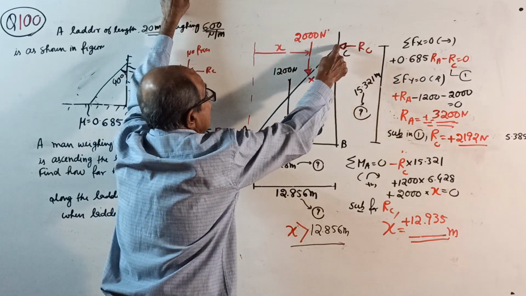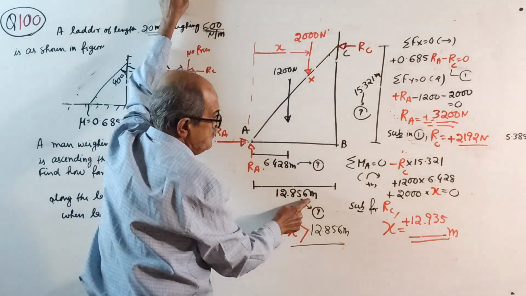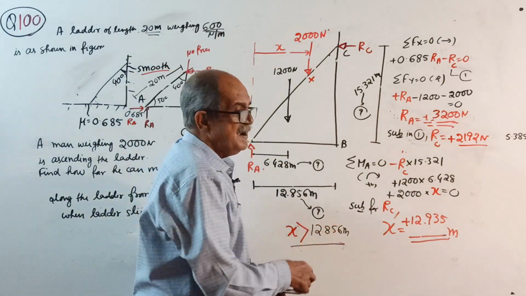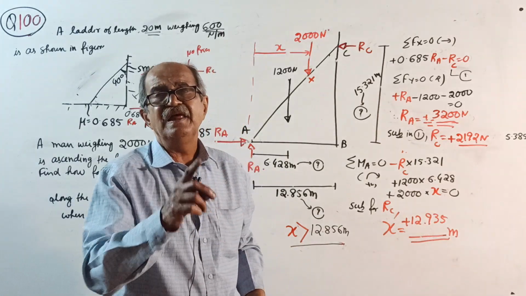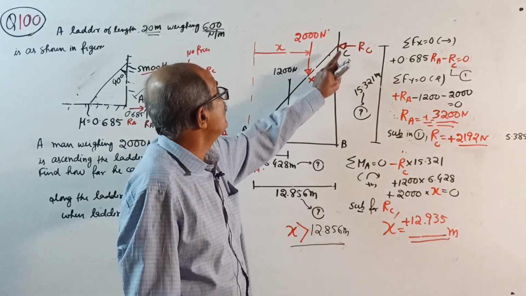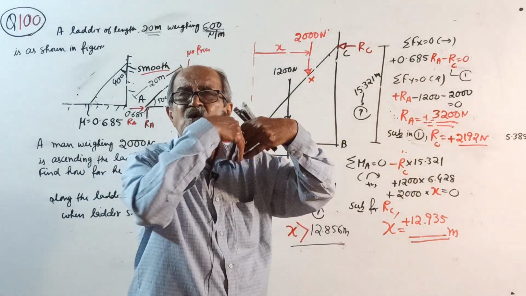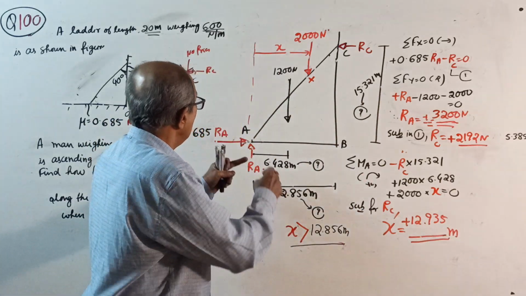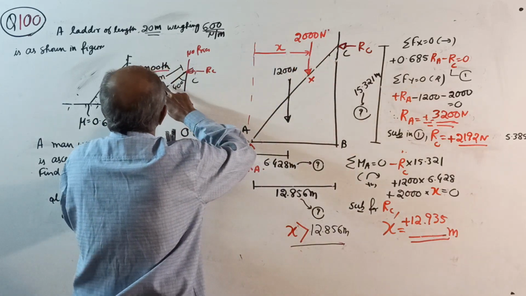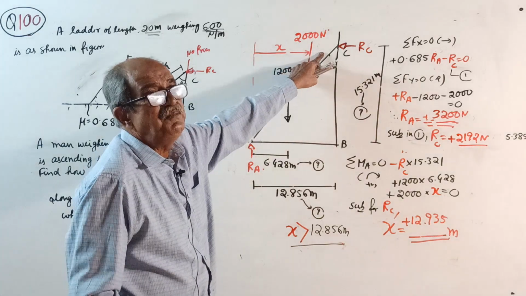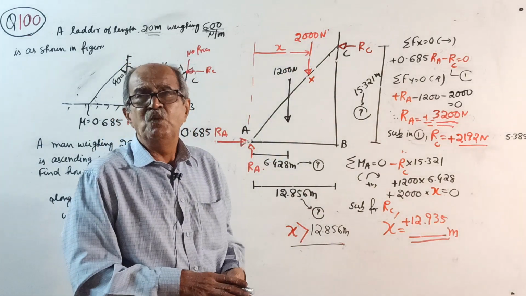When he reaches the top, it is 12.856 meter. So since the value of x is more than 12.856 meter, you write there, ladder will not slip. He can go to the top of the ladder and happily go further. Because the answer is more, or along the length of the ladder, if you calculate by trigonometry, the length will come more than 20 meter.